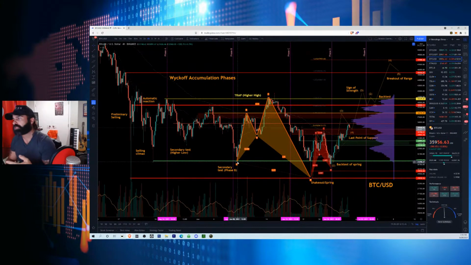It'll knock out leverage traders who are convinced that the asset is moving up. And if you look here, we got this cipher pattern here, and we painted this price action just below this secondary test support from phase B, right? So if you were trying to stop out underneath there, you figure, you know, we might put in a double bottom on top of that support and then go.